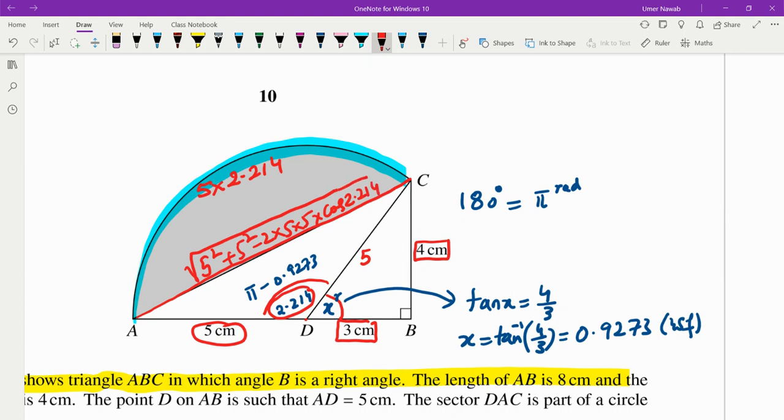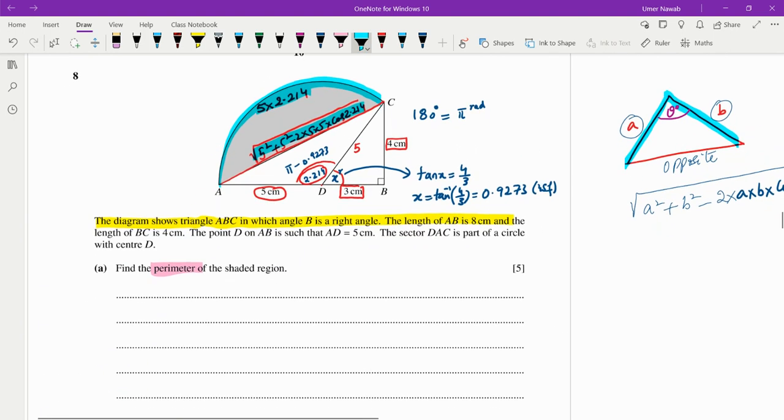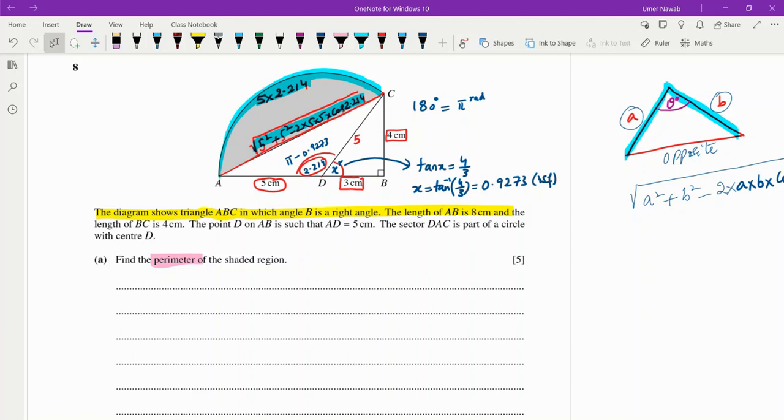Now I have to add this result and this result. That will give me the perimeter. So guys, allow me to write the perimeter. Perimeter is the AC straight line chord plus the AC arc. AC chord length comes to me after simplifying 8.9436.